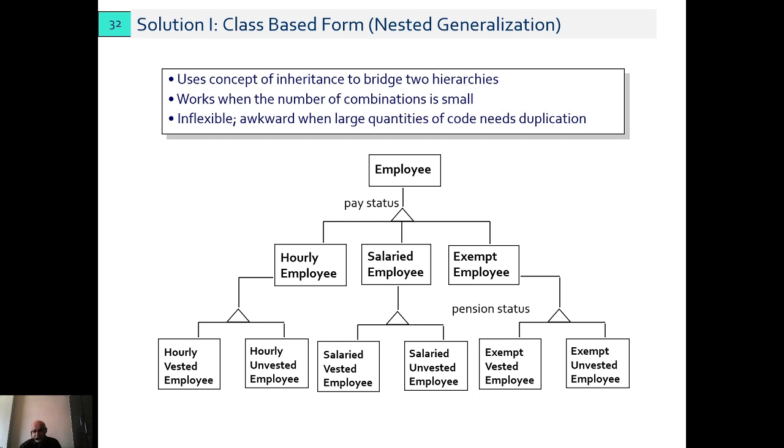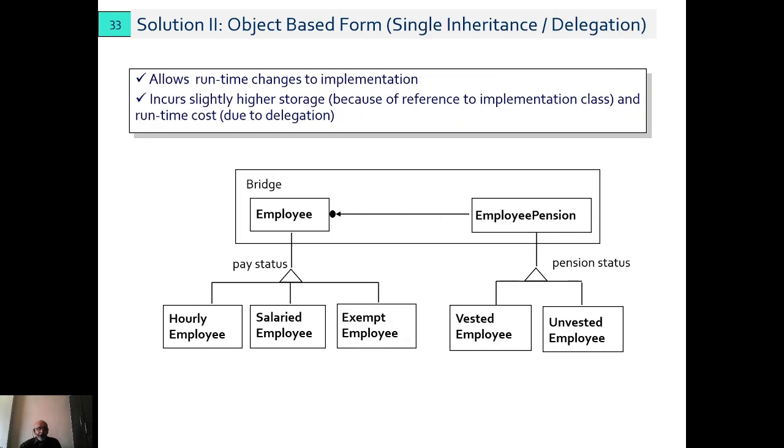Afterwards, we know the hierarchy: goal, objective, processes, and what is the process? A set of activities performed to attain a specific goal or objective. Now another solution is the solution to single inheritance, or delegation. It allows runtime changes. So employee and employee pension. Employee pension is the implementation of employee.